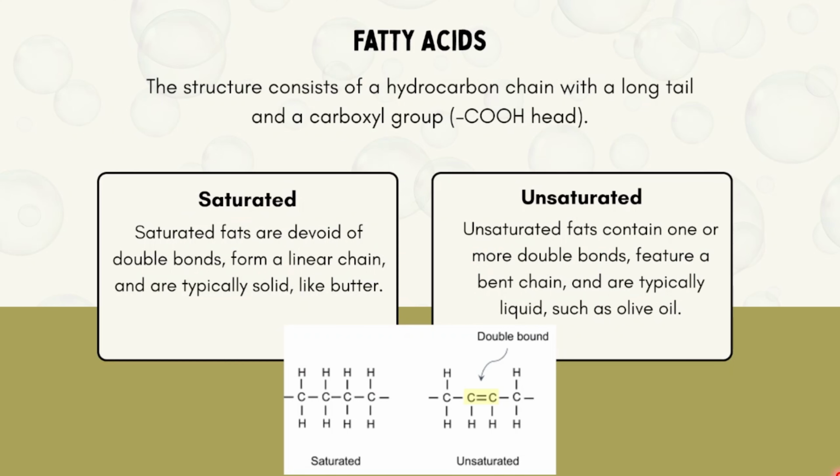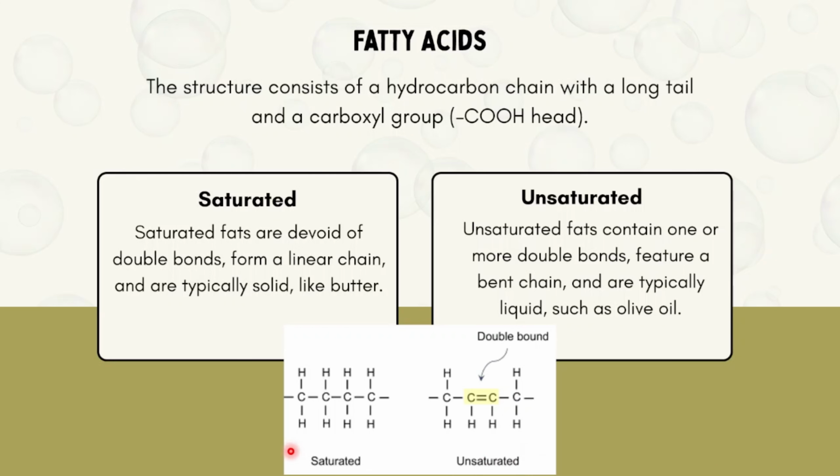Now, the structure for fatty acid consists of a carboxylic group attached to a long hydrocarbon chain, and we could have saturated fatty acids. We also have unsaturated fatty acids. The saturated fatty acids are devoid of double bonds, so they form a linear chain and they are typically solid at room temperature, just like butter.